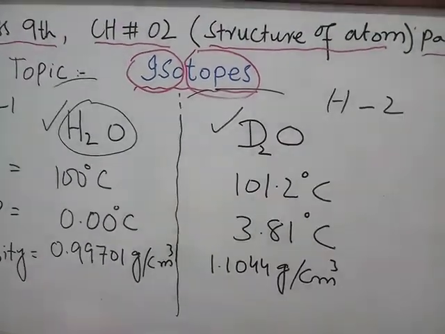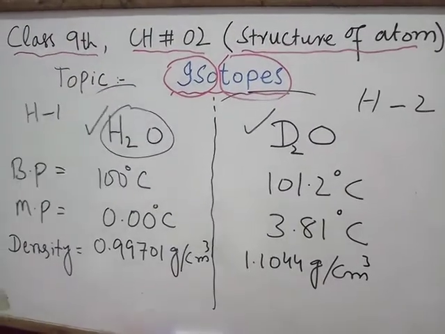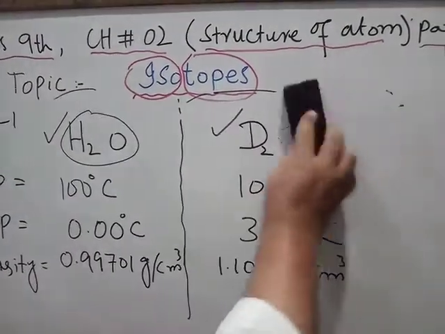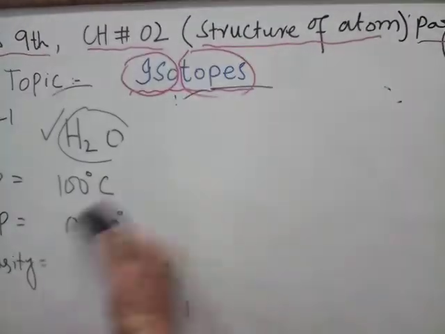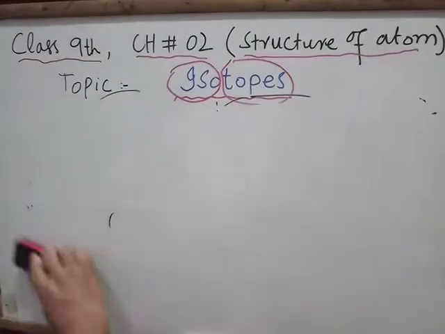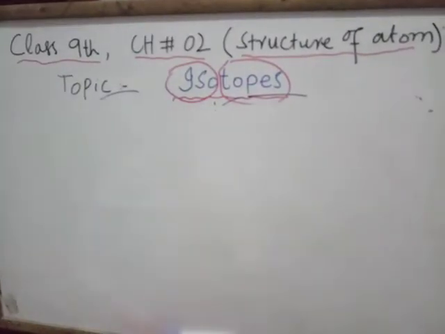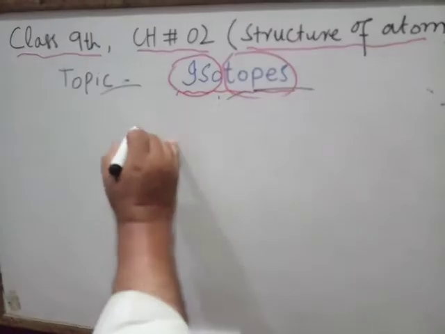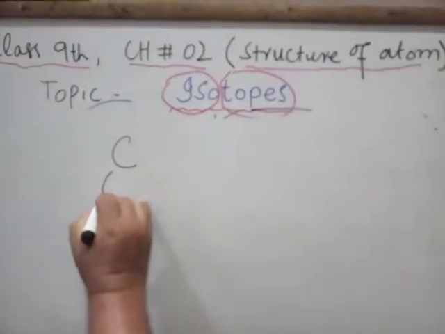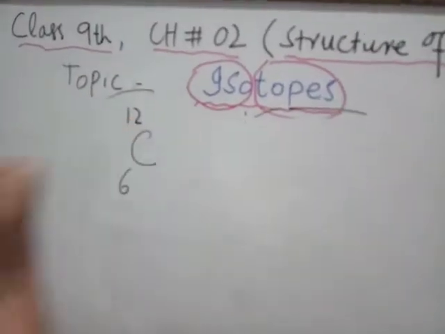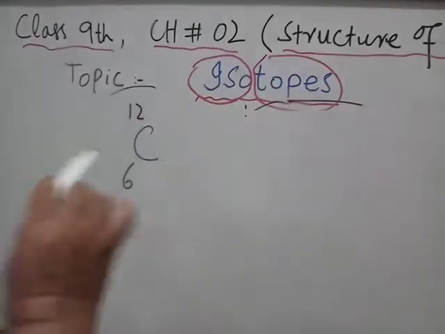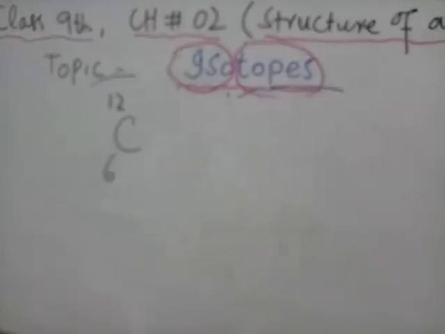Now students, we are proceeding towards the isotopes of carbon. Carbon has 3 isotopes. One isotope of carbon has atomic number 6, mass number 12. Remember that this is the symbolic representation of an isotope.